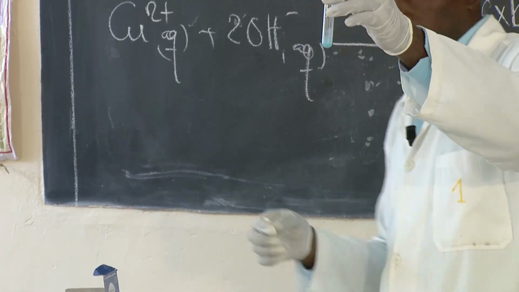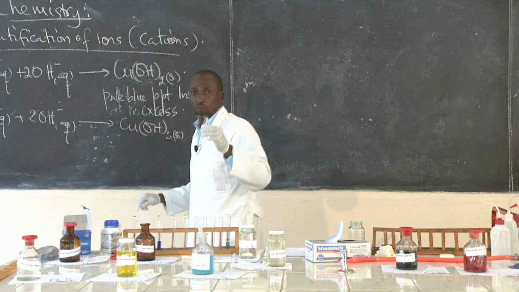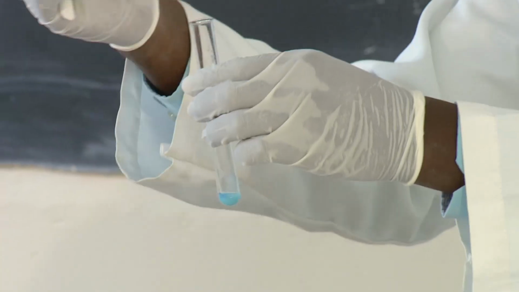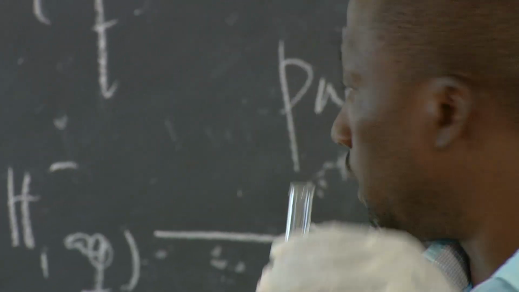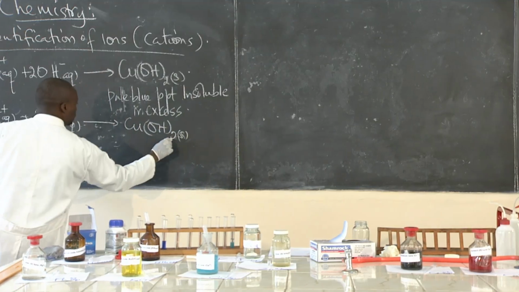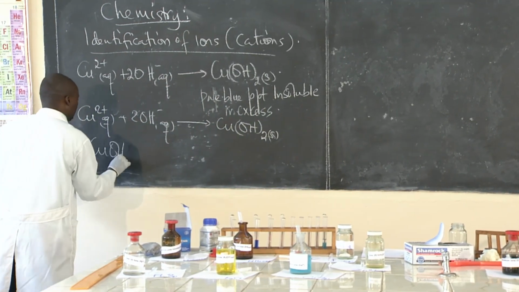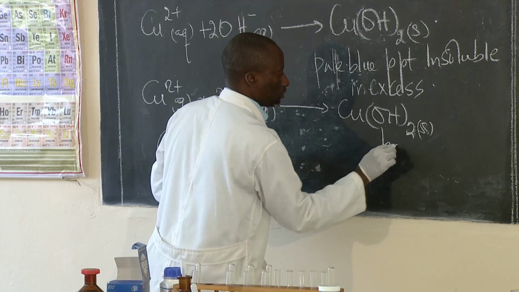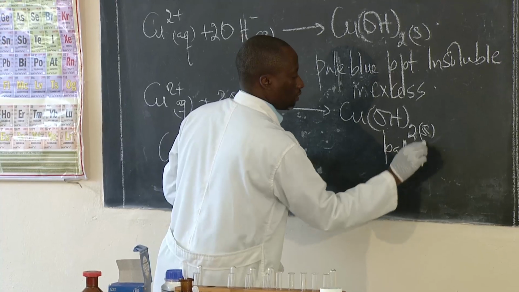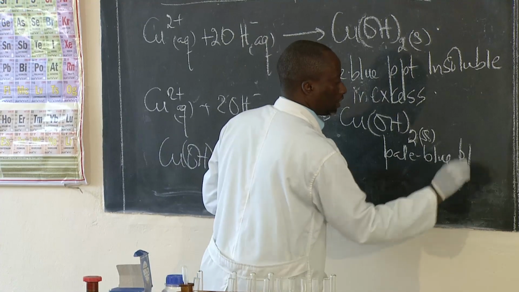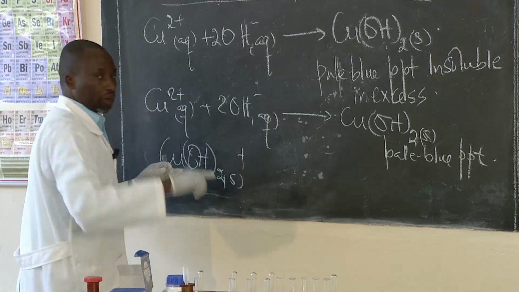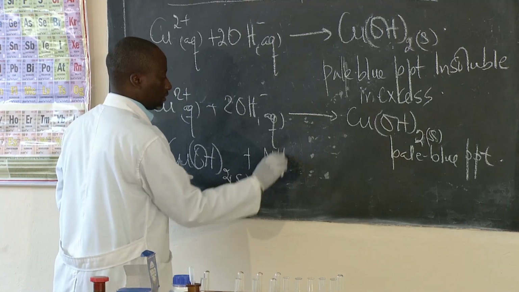So this is what happened here. This is the blue precipitate which formed first. And then this, when we added excess, you see what happens? A solution has to be very clear. So it means that the copper 2 hydroxide, this pale blue precipitate, this is the same precipitate, now reacts with excess ammonia.